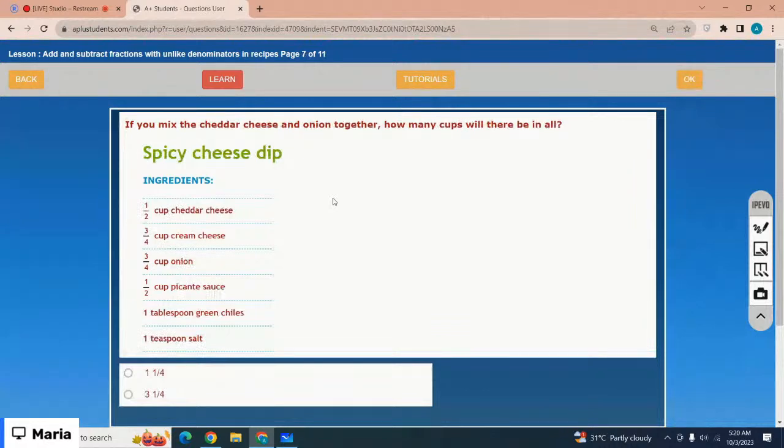Okay, if you mix the cheddar cheese and onion together, how many cups will there be in all? Cheddar cheese is 1 by 2 cup and onion is 3 by 4. So, which is the correct option?